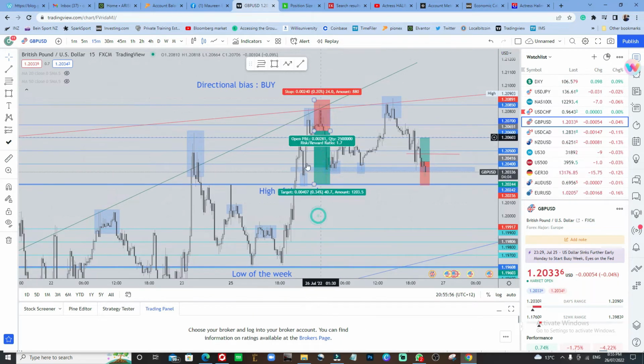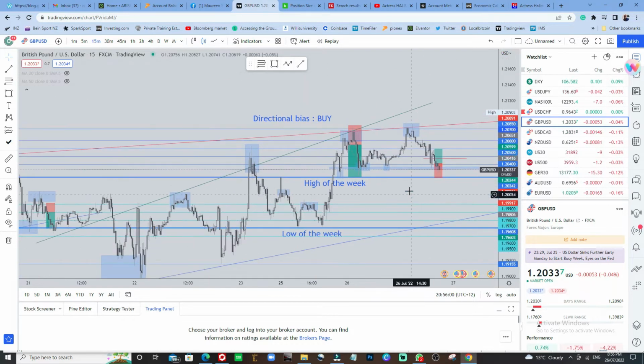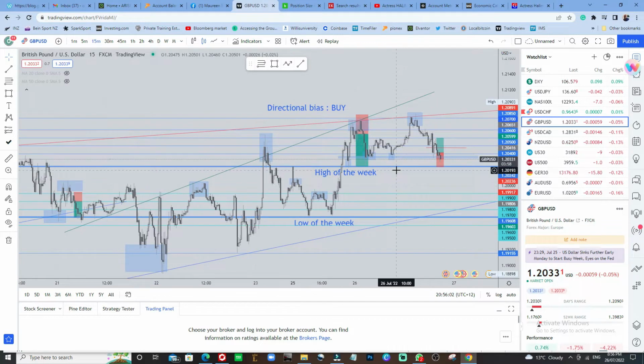And I took this beautiful trade here on a multi-time frame analysis, where I identified that the market was able to react each time it touches this trend line here.